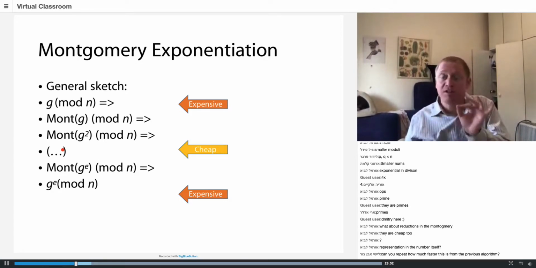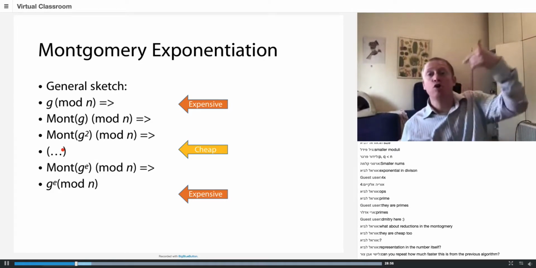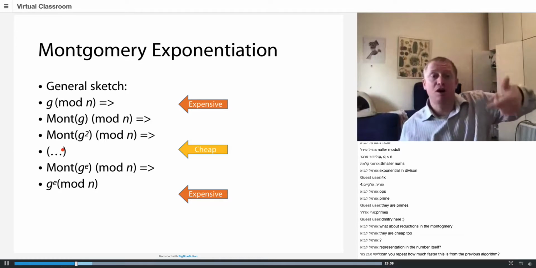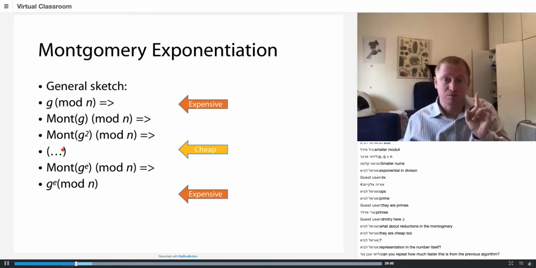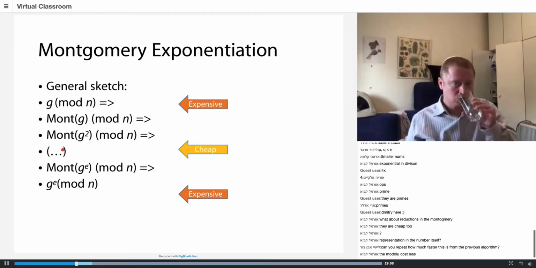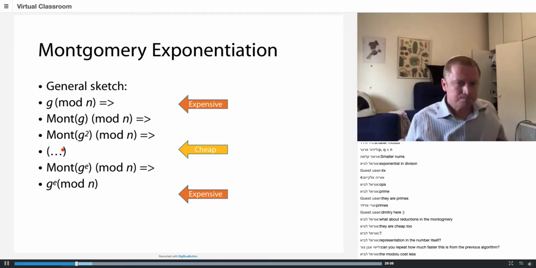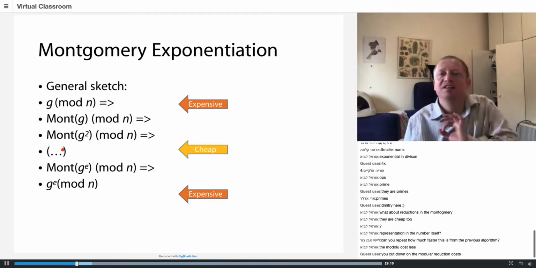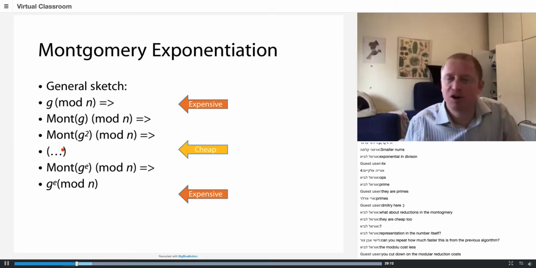It costs as much as a multiplication, whereas a modular multiplication costs as much as a division. So this is much faster. Multiplication instead of division. There is no modulo. It's awesome. There is no modulo.